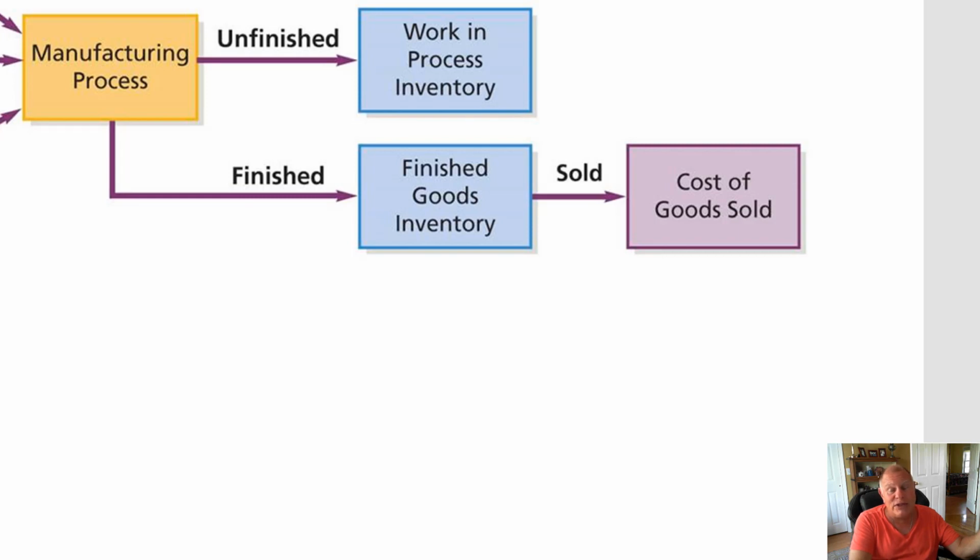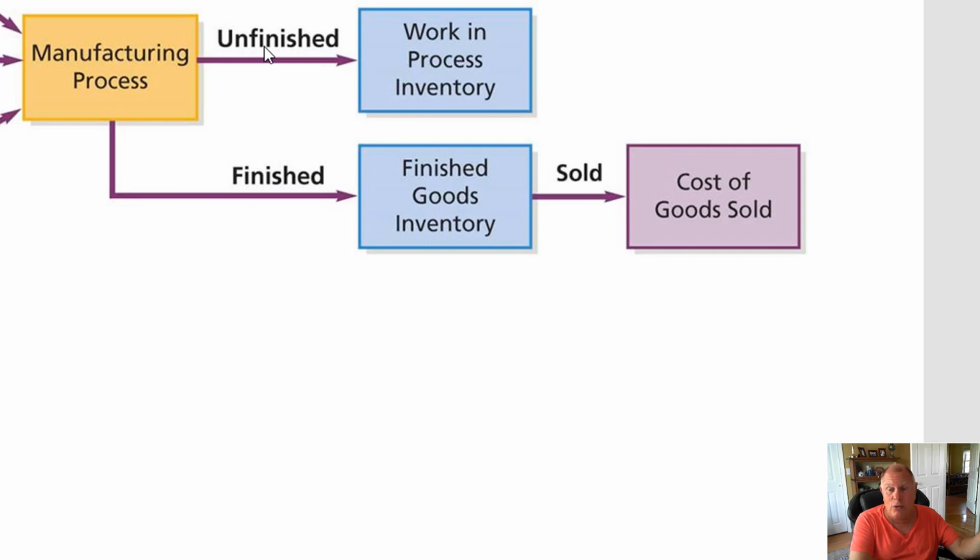So that's classified on the balance sheet as materials inventory. Direct labor goes into the manufacturing process. Factory overhead goes in. But then there is unfinished work. So you got unused, unfinished. This is where the product may not be completed yet.